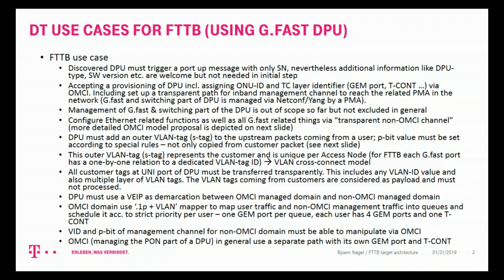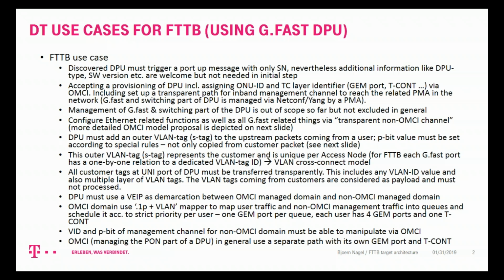But nevertheless, if there is additional information like DPU type, software version, etc., this information is welcome and needed, but maybe not essentially needed at the discovery moment, so in this initial step. For that, the must is only the serial number.